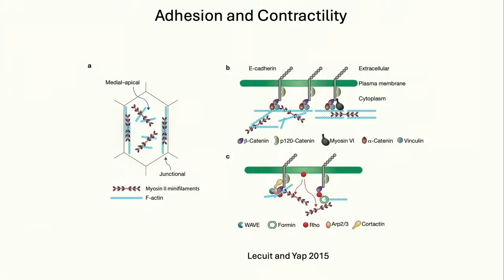So, E-cadherins also have this property where they will activate the actin cytoskeleton because of interactions with a whole host of molecules which are called catenins, which organize the actin cytoskeleton, and the actin cytoskeleton itself can also have differing organizations based on the activation of myosin. In addition to this, there are other actin regulators which regulate how much bundled or branched actin is present in the periphery of this cell.